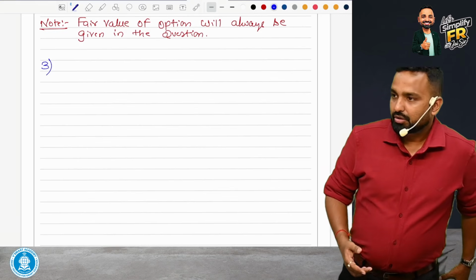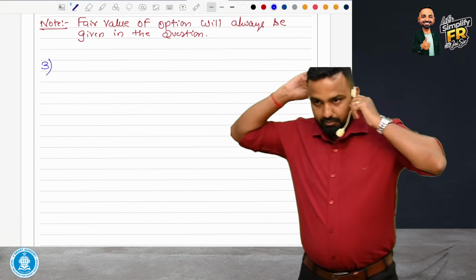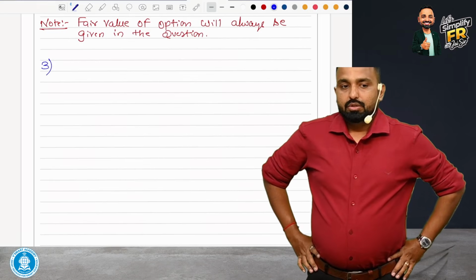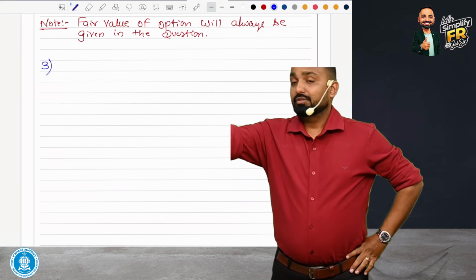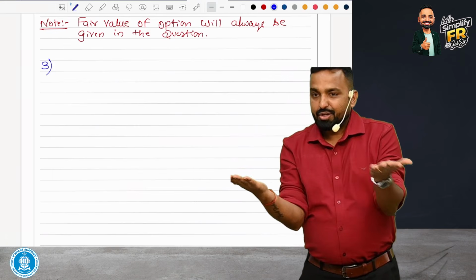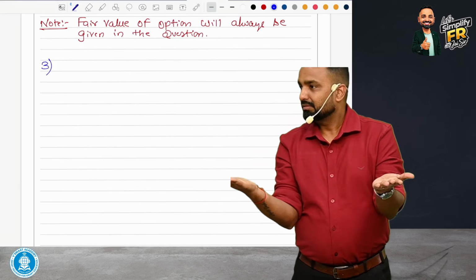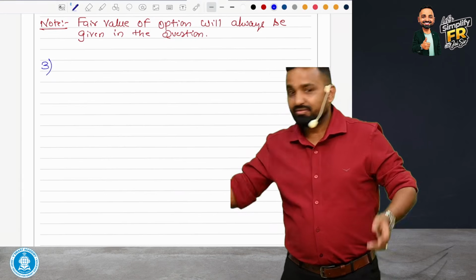Let's check your accounting common sense. In the previous lecture, we understood that liability is different and equity is different. You remember? One is owner based, one is outsider based.